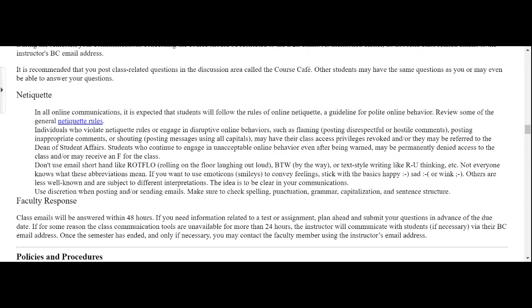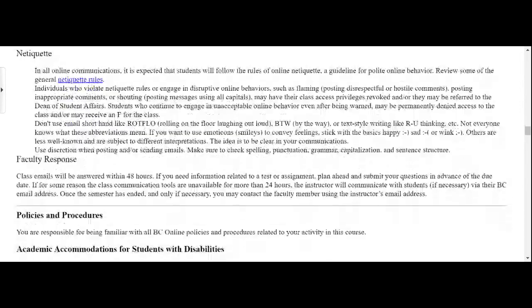I have no control over the WhatsApp group, and I don't have any problem with it at all. But if it's in the course cafe, and I see an answer that is not complete, I can also participate and give you a better response, maybe.